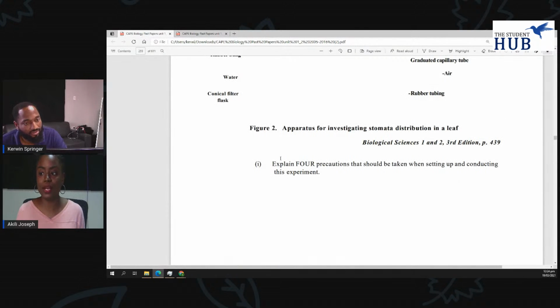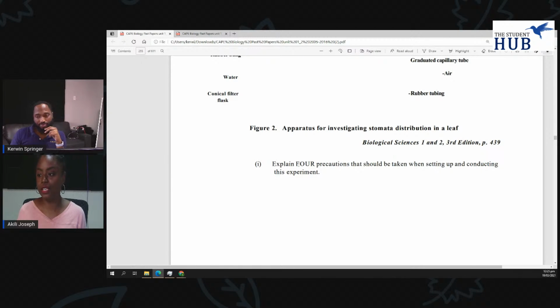Because sometimes that keyword of explain versus list means that if you only listed, you might only get half the marks, because the other half is for your explanations. So because you don't have access to the mark scheme before the exam, you want to be safe and leave no doubt with the examiner, right? So we do exactly what they ask us to do. So that will take care of explaining your 4 precautions for the setup.